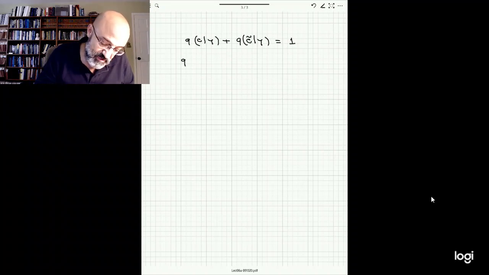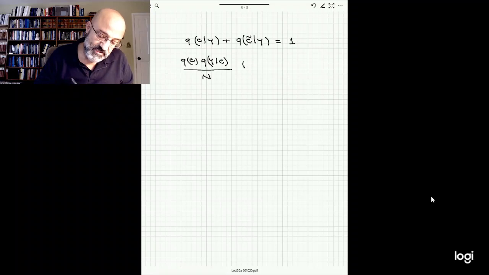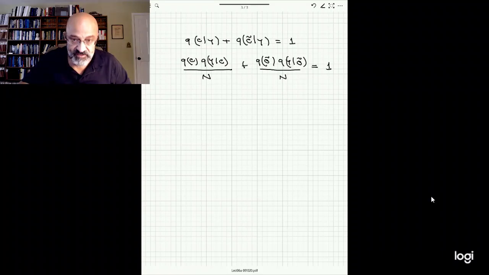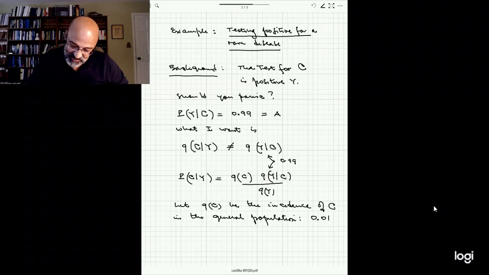So this is going to be Q of C, Q of Y given C divided by the normalization, plus, for this one, we can also use Bayes' theorem, Q of not C given Y, Q of not C, Q of Y given not C divided by the normalization.